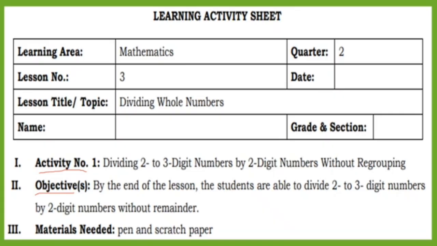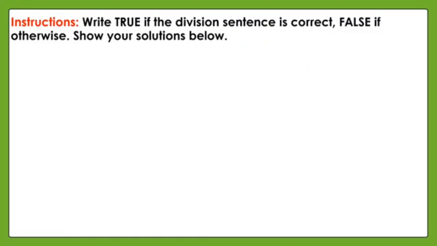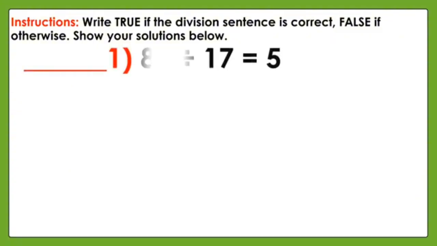Materials needed: pen and paper or scratch paper. Instructions: write true if the division sentence is correct, false if otherwise. Show your solutions below. Number 1, 85 divided by 17 is equal to 5.